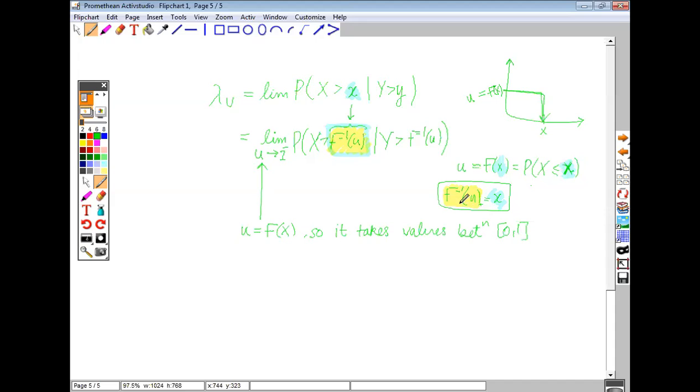So my u only takes values between 0 and 1. These are the values of u, and capital U is what I have plotted here, of which this small u are the values. And these can at max take the value 1. So what I'm saying essentially is that I'm approaching this limit of 1 from below.